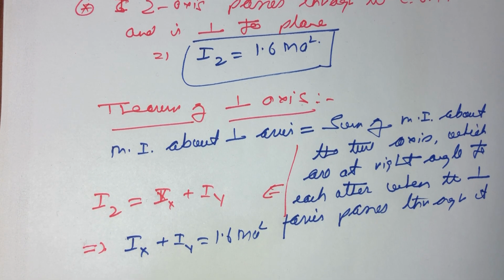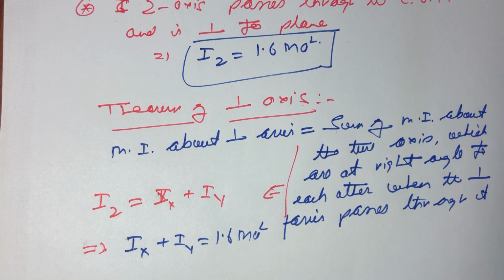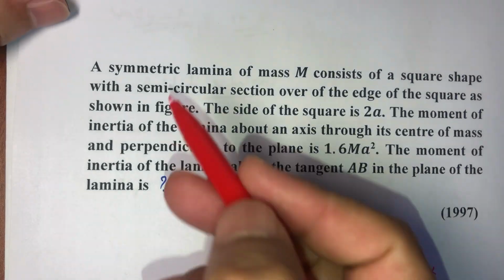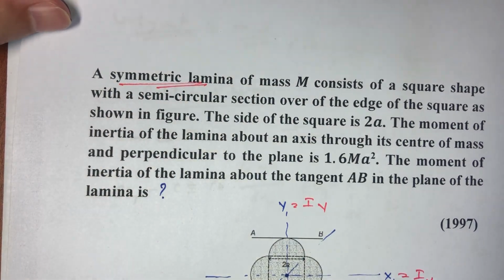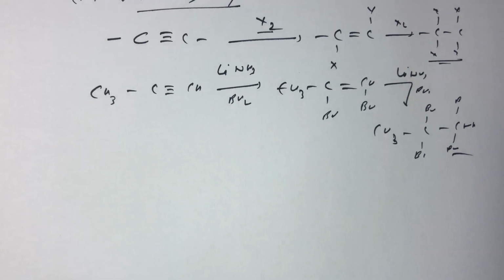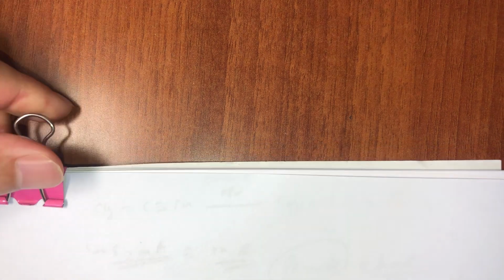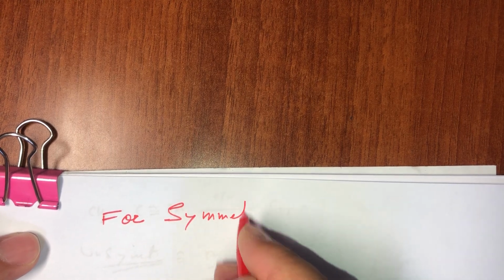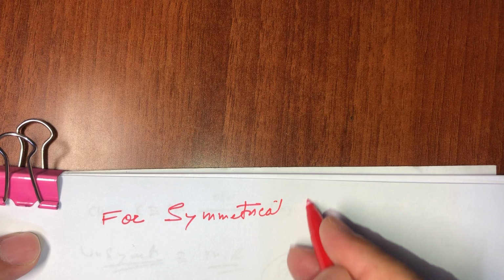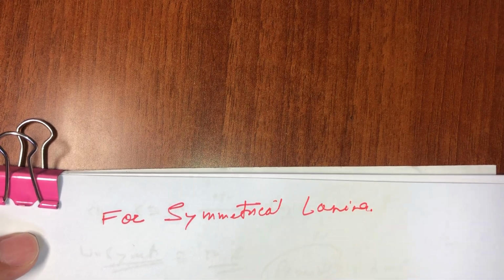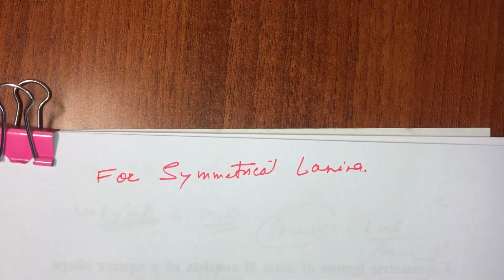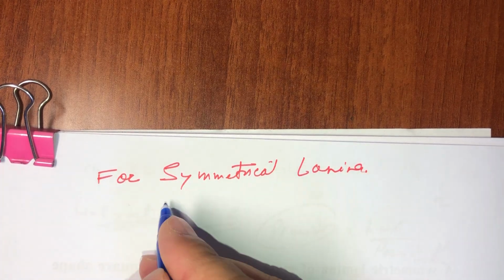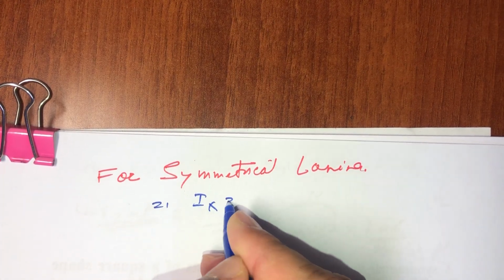And it is also given that the lamina is a symmetrical lamina. So for symmetrical lamina, the moment of inertia along x-axis will be equal to moment of inertia along y-axis, or we can say Ix is equal to Iy.